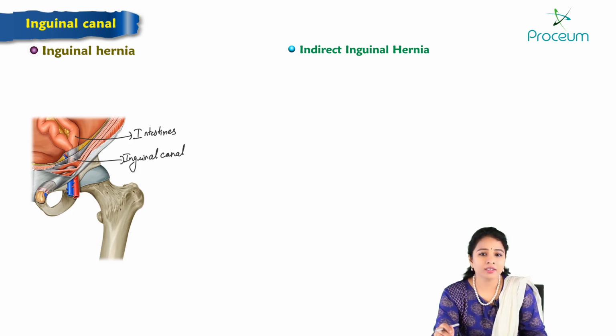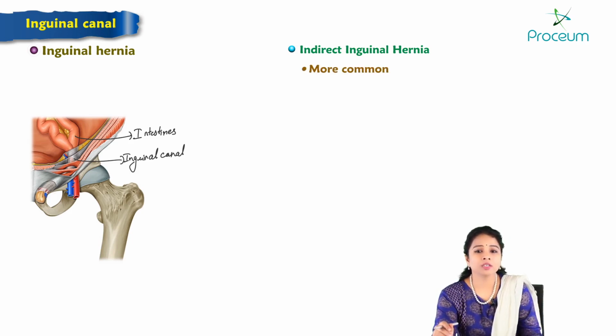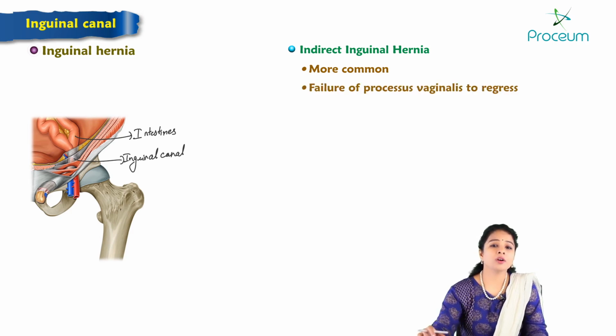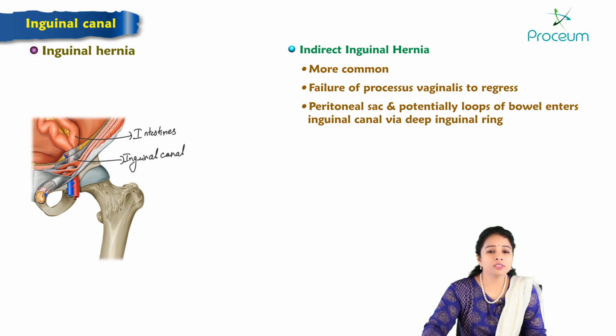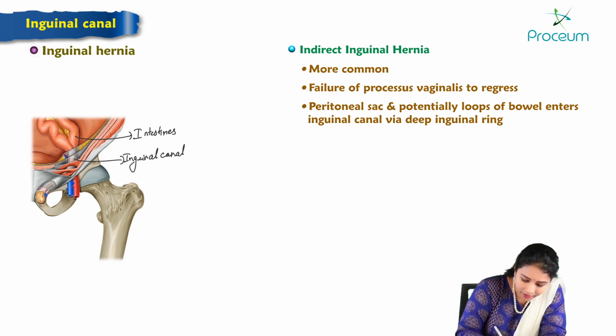Indirect inguinal hernia. Indirect inguinal hernias are the more common of the two types. They are caused by the failure of the processus vaginalis to regress. So the peritoneal sac and potentially loops of bowel enter the inguinal canal via the deep inguinal ring. Here we can see the image where the intestines are protruding through the deep inguinal ring and come out through the superficial inguinal ring.